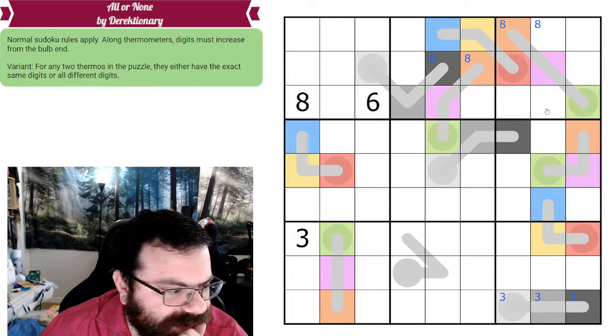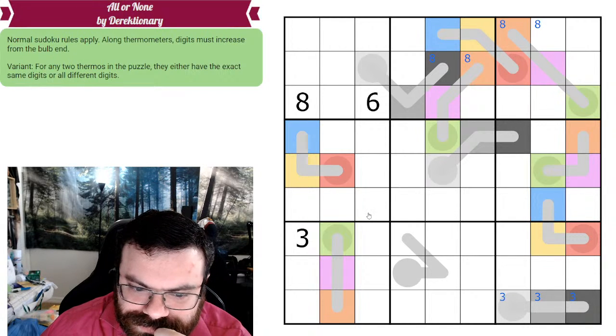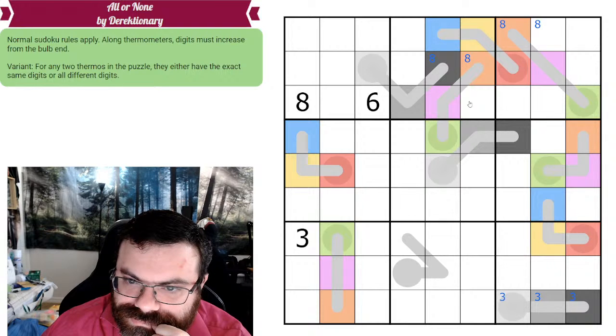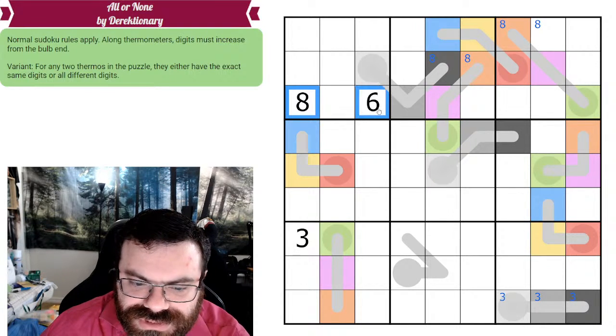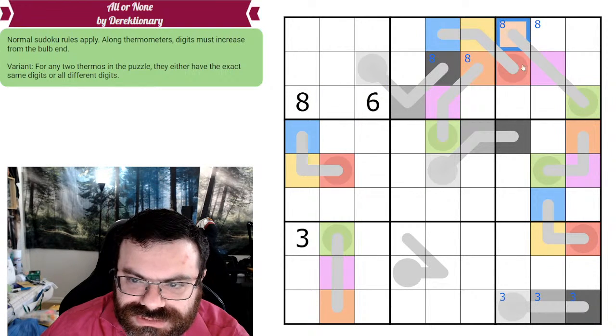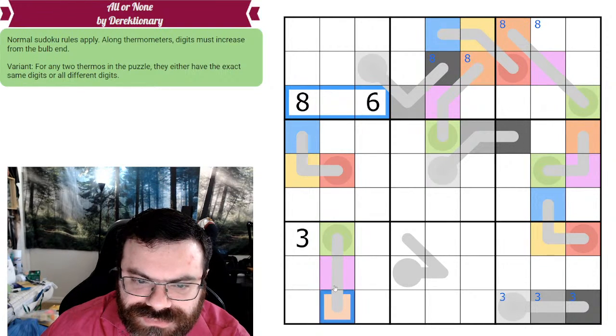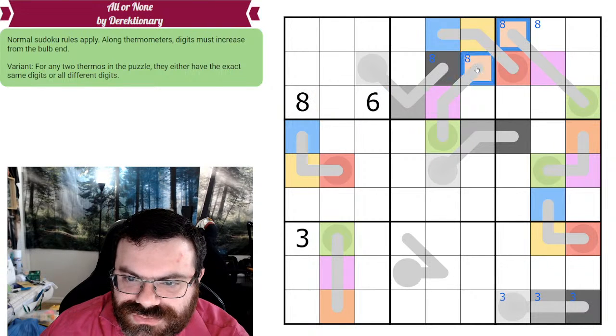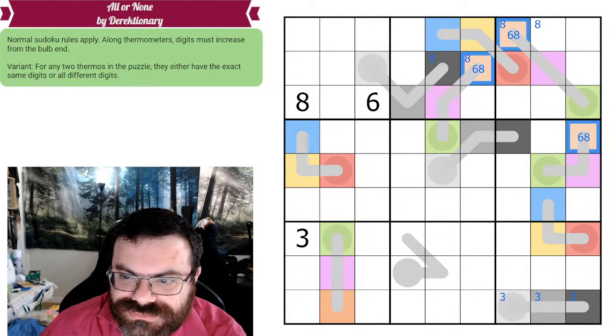Pretty sure it's green, purple, orange. Okay, so orange is one of these two. So orange is an 8 or a 6. Because these oranges force it down here and it can't be here. So orange is definitely 8 or 6.